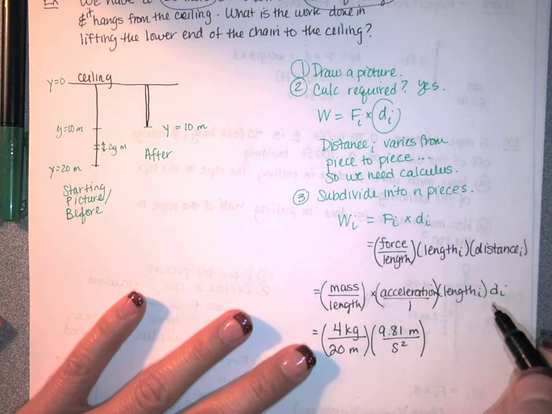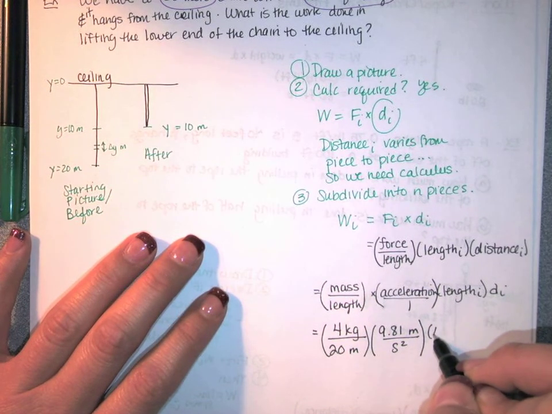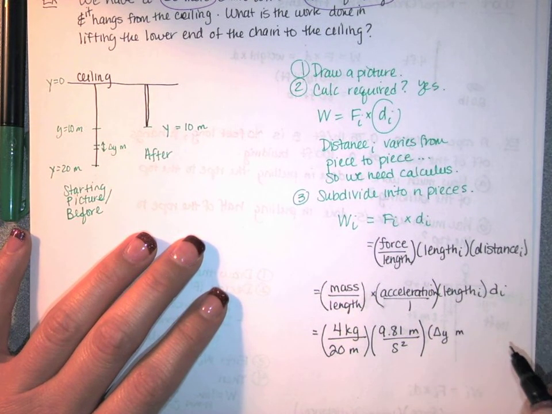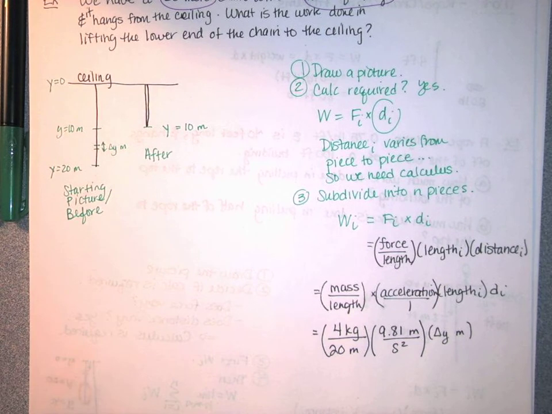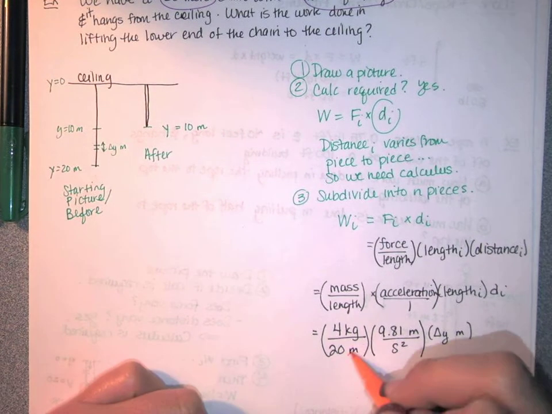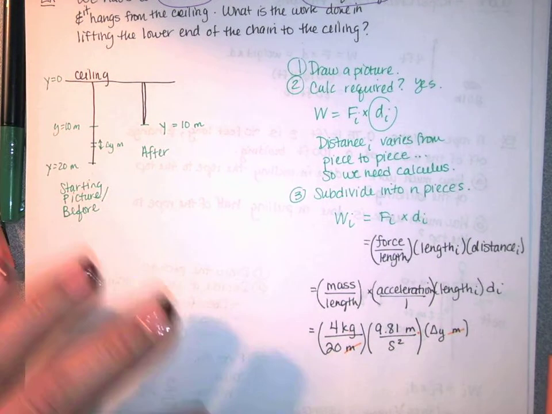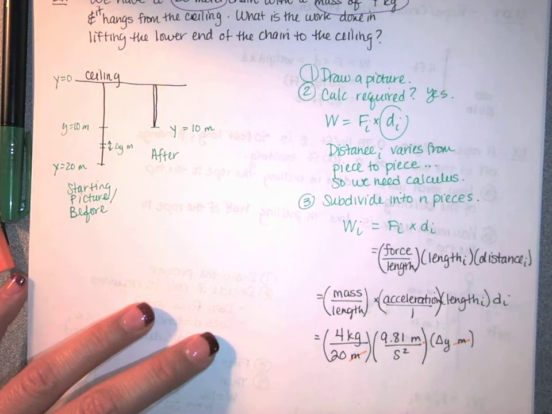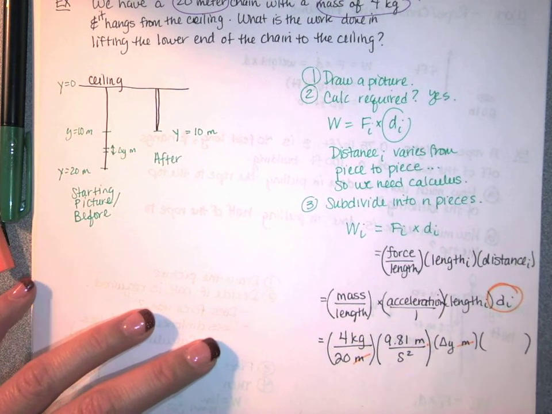And then we're going to multiply by the length of that piece, and the length is delta y meters. And so notice these meters and these meters cancel, and I've got a kilogram meter per second squared. That's a Newton. And then the distance this piece travels through, that is the tricky part of this problem. We're going to figure out what that is.